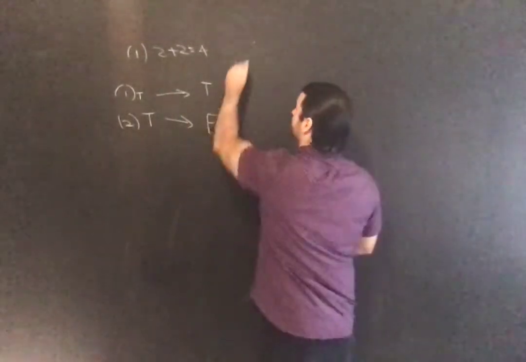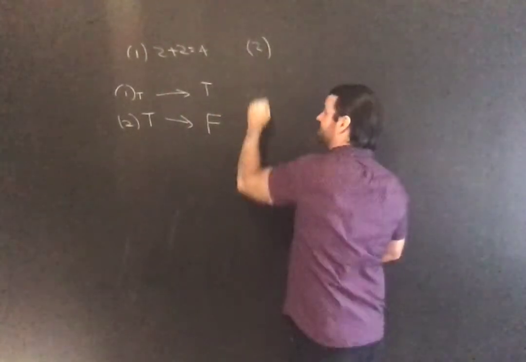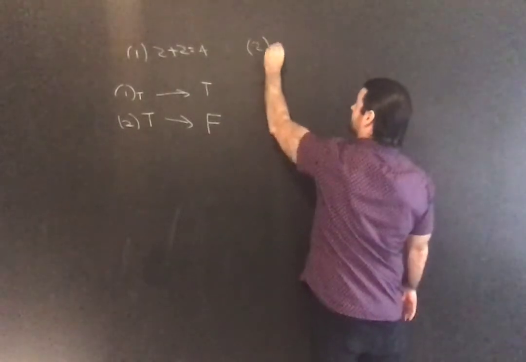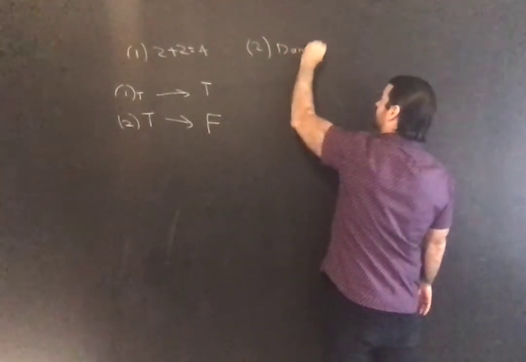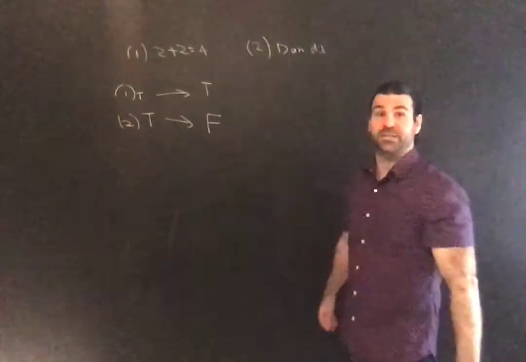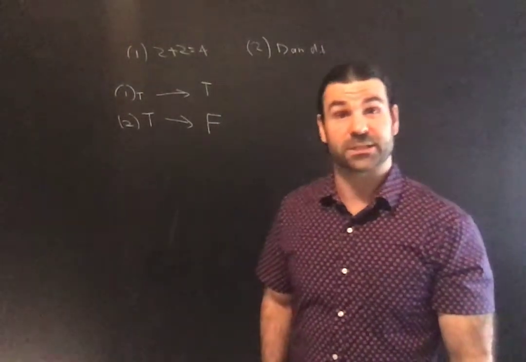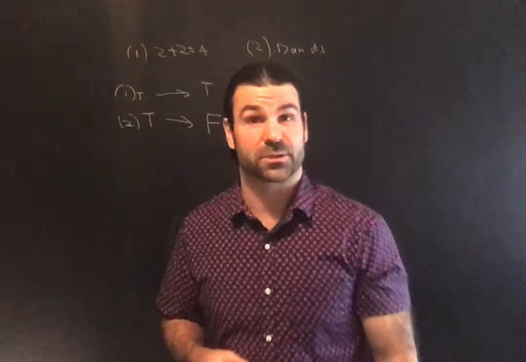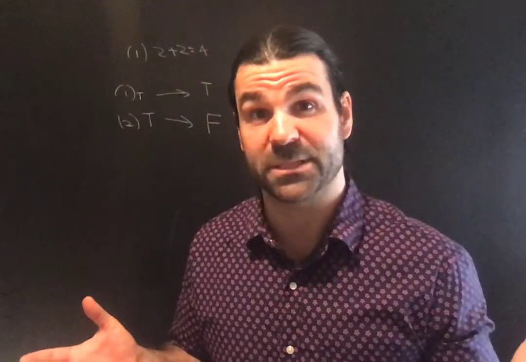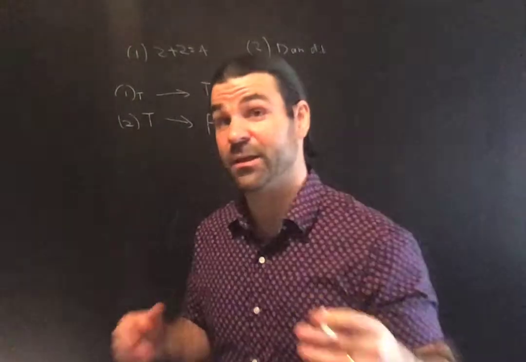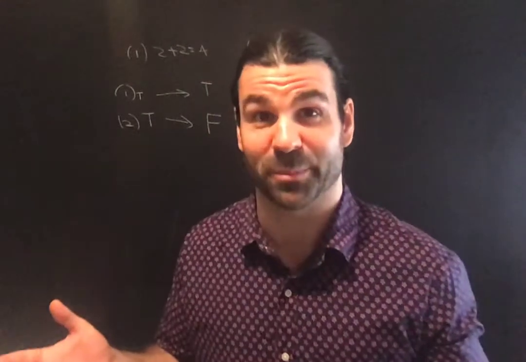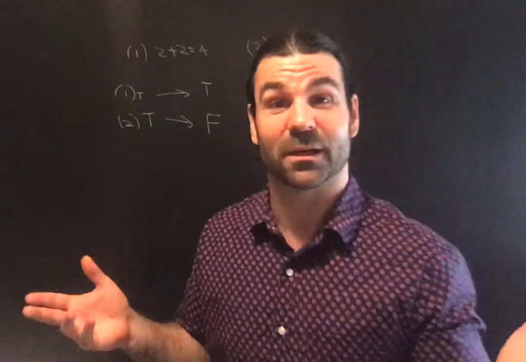For number 2, let's have "Dan didn't leave the house yesterday." That's the second sentence. That sentence is true, but "many people believe that Dan didn't leave the house yesterday" is false. Not many people are paying attention to my day-to-day movements.